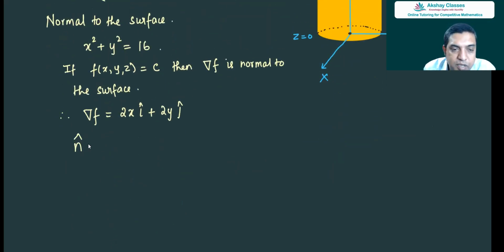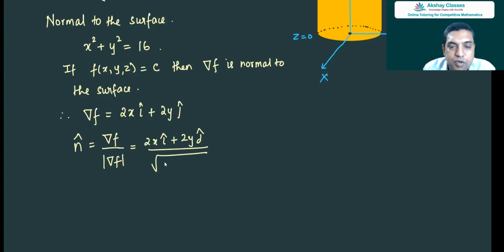The unit normal will be gradient of f divided by modulus of gradient of f. We have done problems already on this. So we get 2xi plus 2yj upon under root of 4x square plus 4y square.